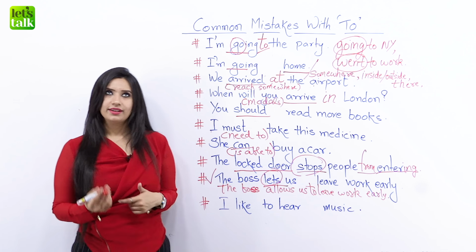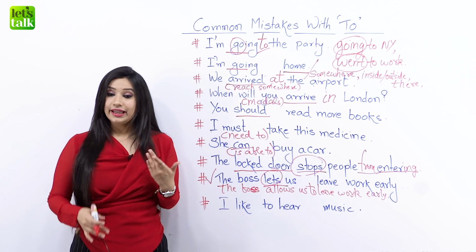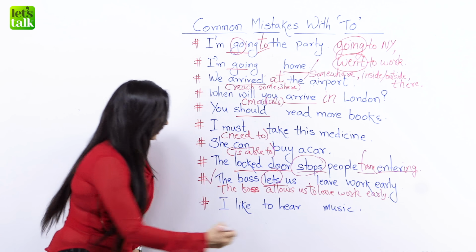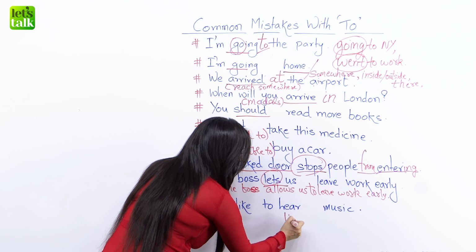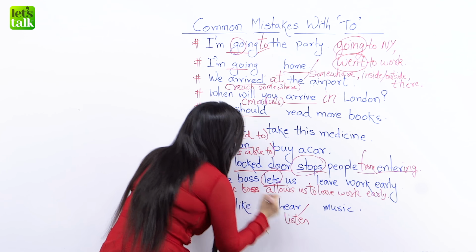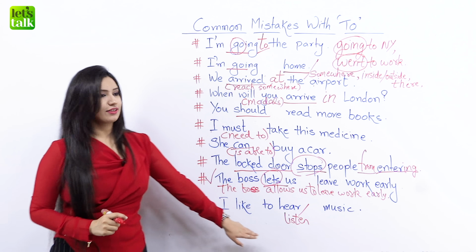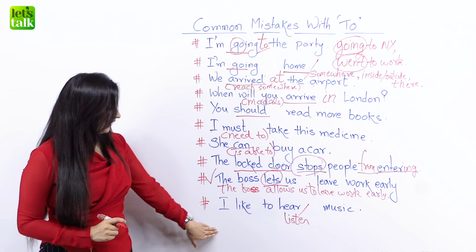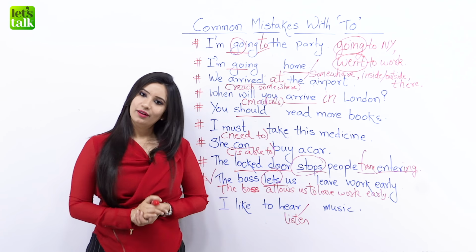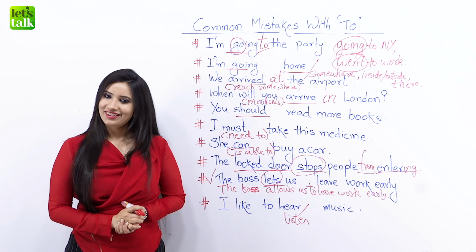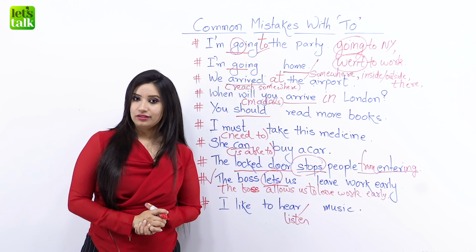Now, what do you think is another word for hear? Another word for hear is listen. So let's try to make this sentence with listen. I like to listen music. Okay, now is this correct? I like to listen music.